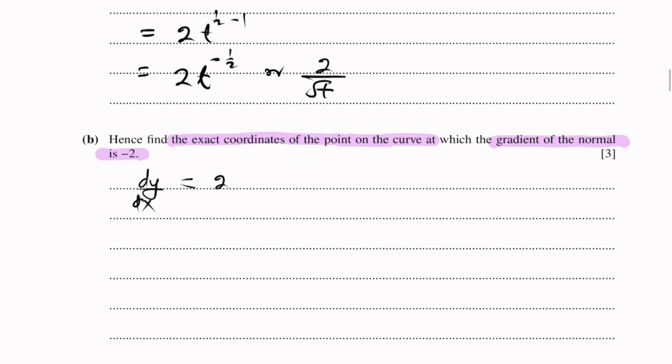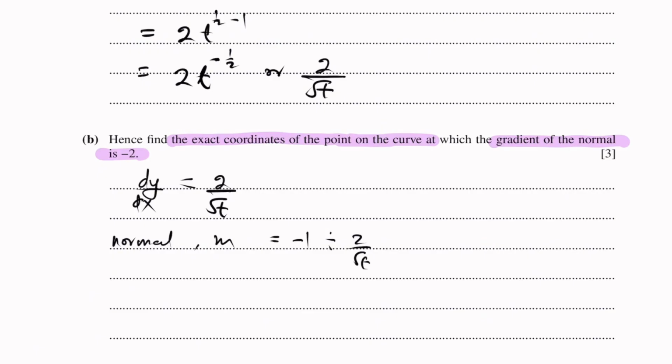Okay, so I can say because dy/dx is this, then the normal is going to be the negative reciprocal of this. All right, so for the normal, I'm going to get my gradient to be -1 divided by this. And I set it up.